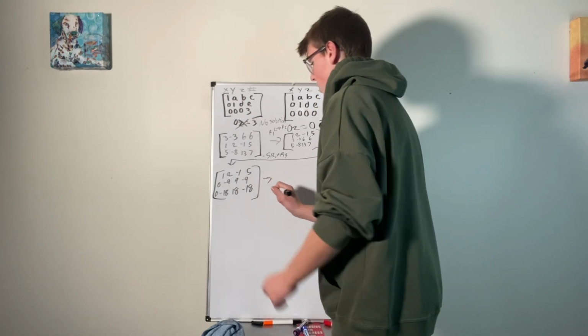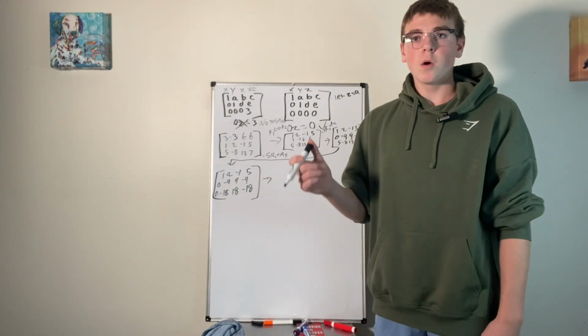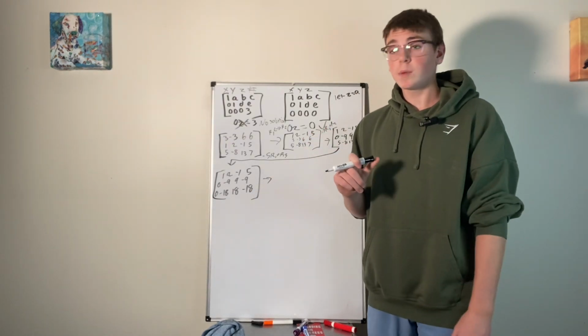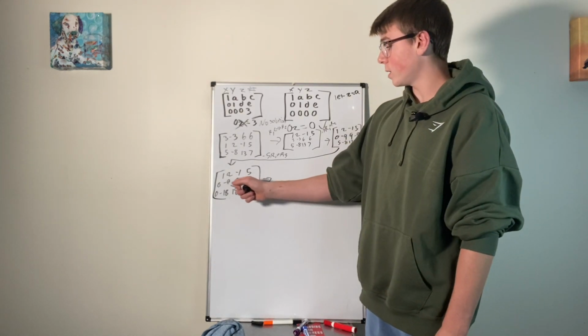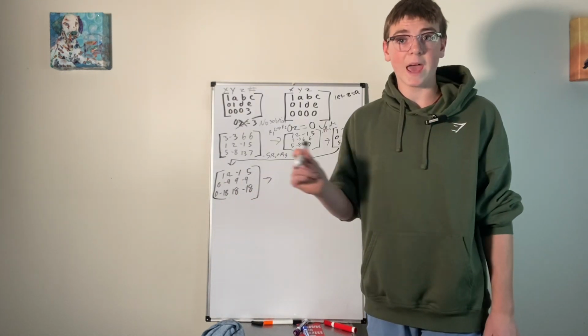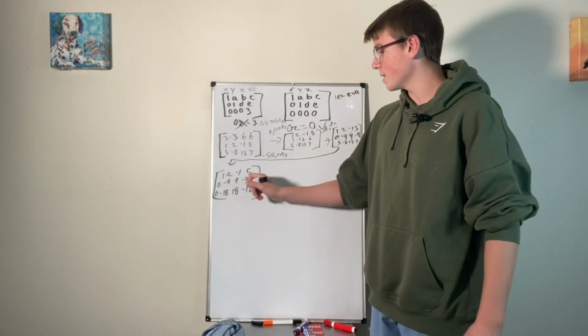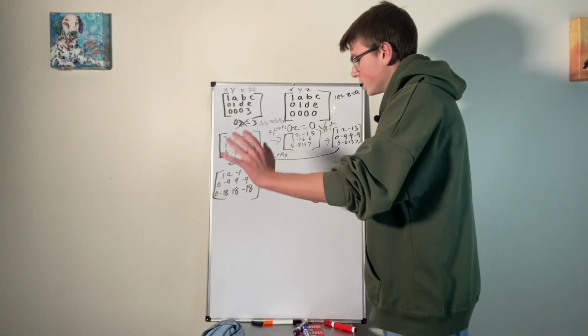Okay, now we want those to be 1s in the front, right? You could get this one to be a 1, or you could get this one to be a 1. But actually, since they're so simple right now, I'm going to multiply row 2 by negative 2 and then add it to row 3 just to get the 0 there automatically, because I don't want to make this a 1 and then multiply it by 18. I'm just going to do it right now.